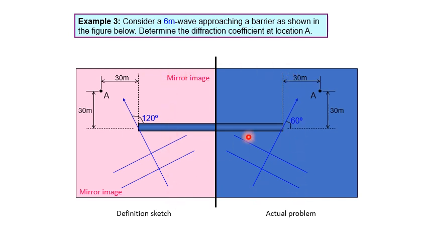If we mirror the image of this problem, then we get this. And you notice that this wave is actually approaching the barrier at 120 degrees. So if we just look at the problem sketch, we need to be careful that by definition we need to use this angle. Theta should be this angle.